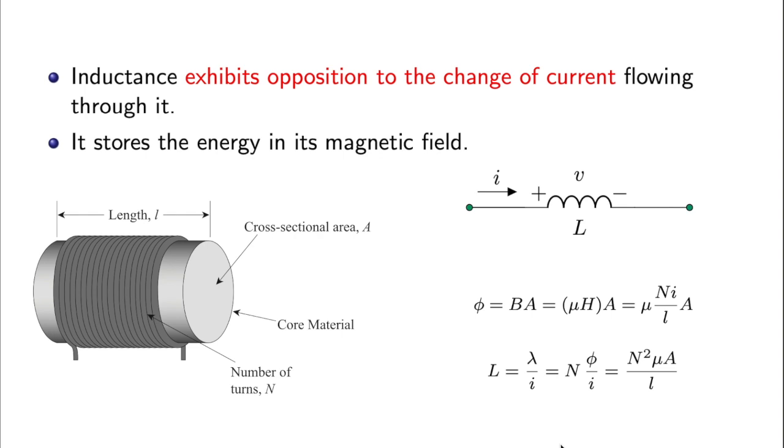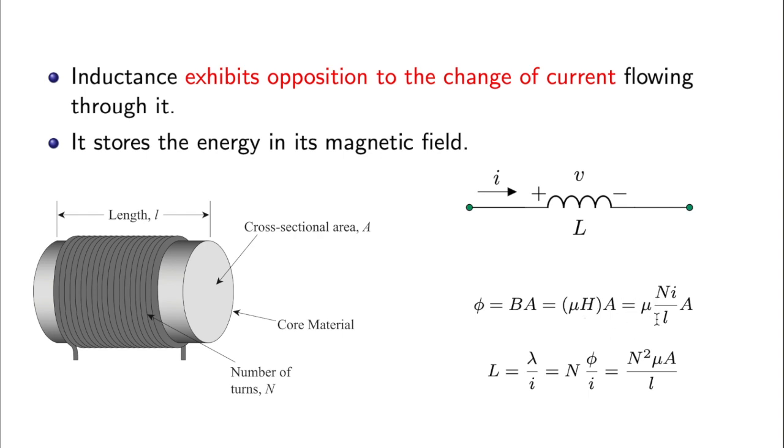This is only a schematic representation of an inductor. Basically it is a coil of conducting material wound on a magnetic core. Corresponding to this, when there is a current, there will be a flux. That flux is measured in terms of the flux density and the area of cross section. This flux density is related to the magnetic field intensity.